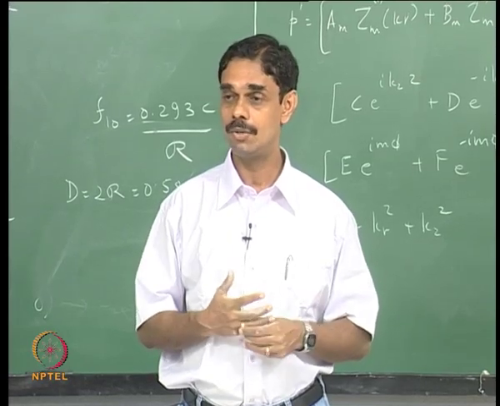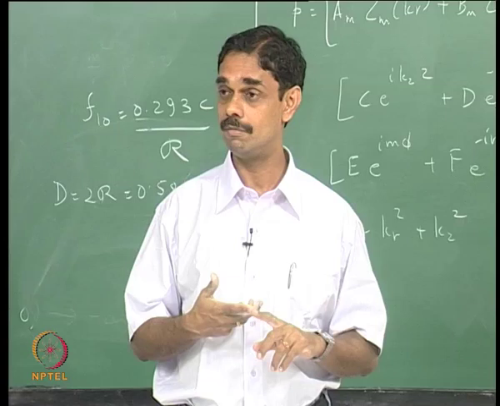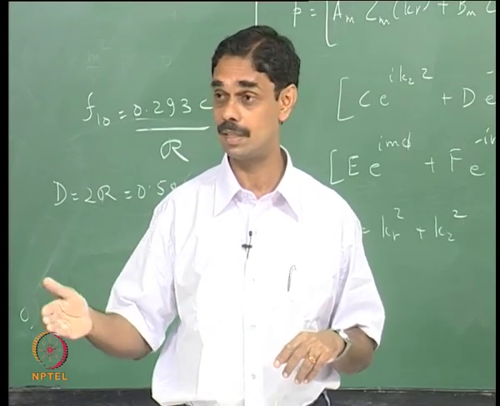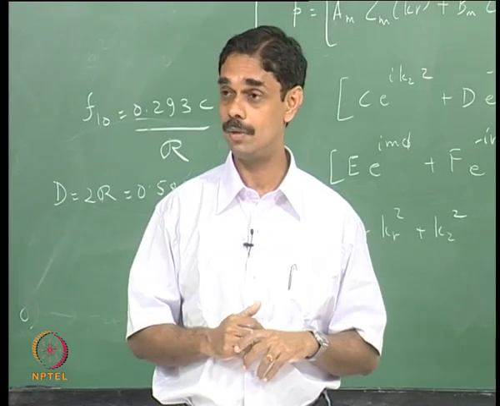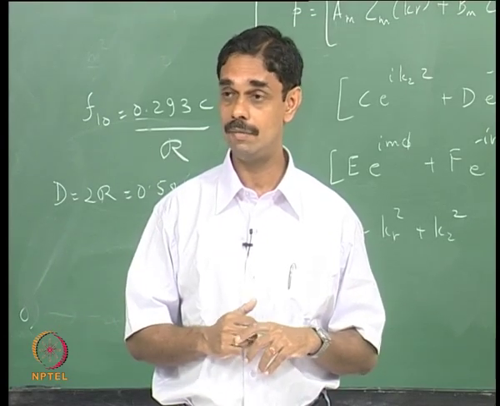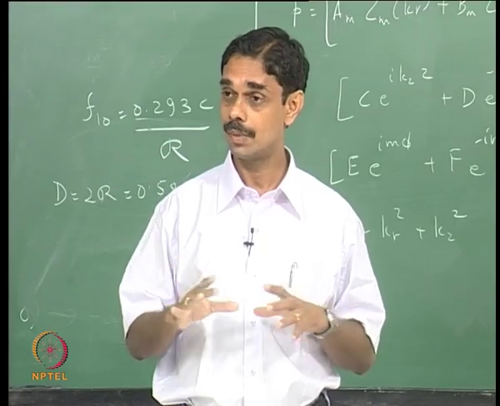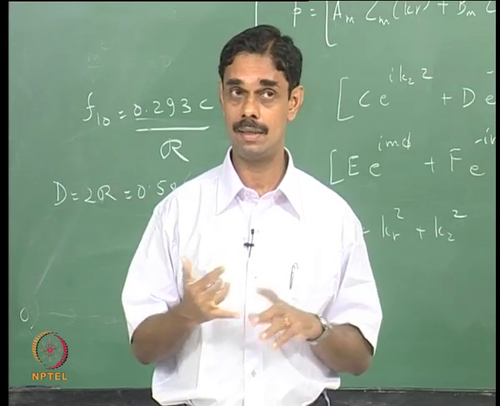So we linearized, we got travelling wave solutions, we got standing wave solutions, and we found the speed of propagation, which came out to be the square root of dou p by dou rho at constant entropy. Then we talked about different kinds of boundary conditions, closed and open ends, and then impedance boundary conditions.